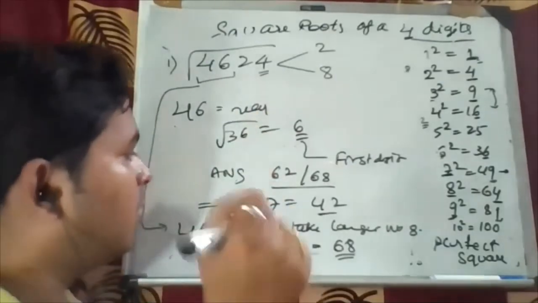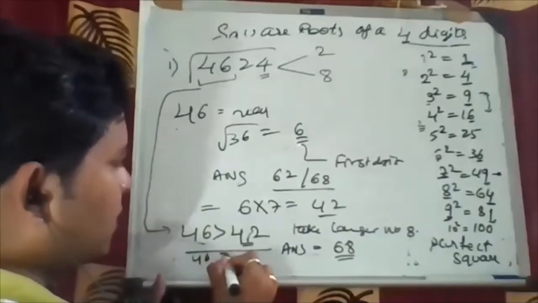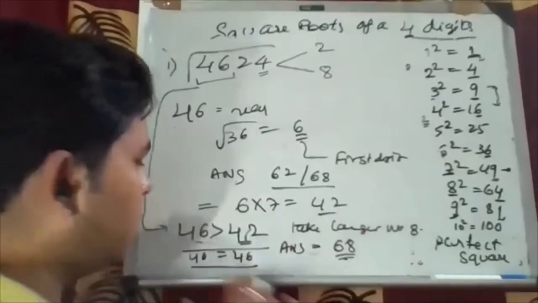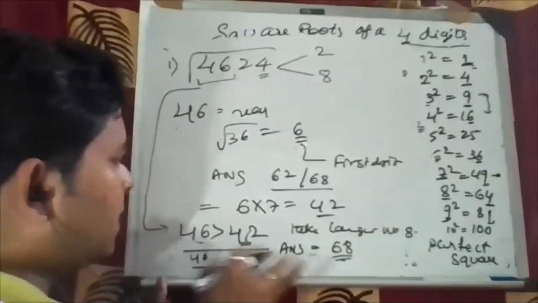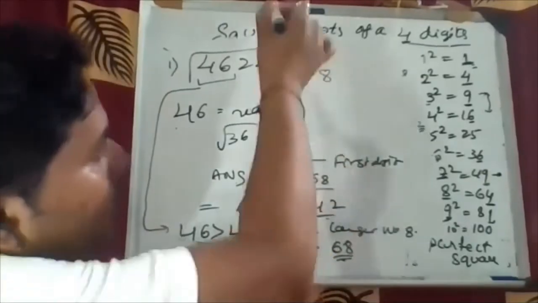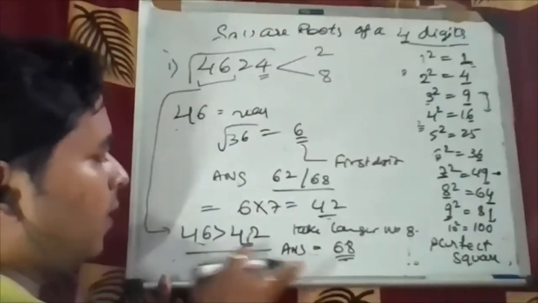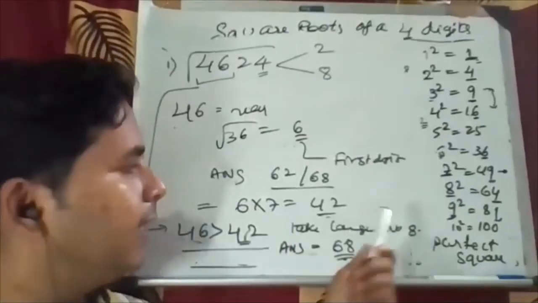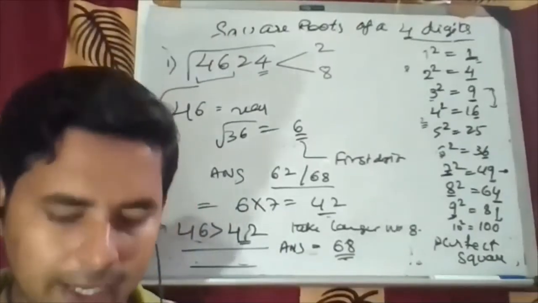If you got the same number, again take the highest number. But if your 46 is bigger than this multiplied value, then go to the smaller value. Now your 42 is smaller than 46, take the higher value, that is 68.